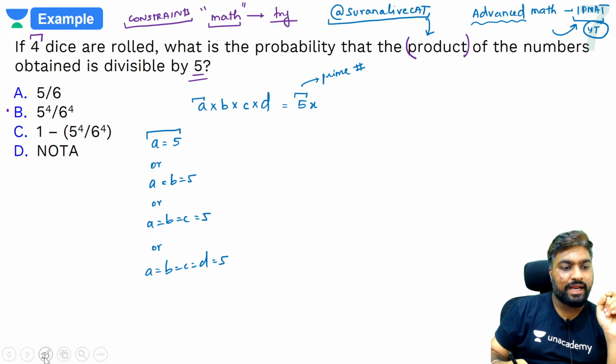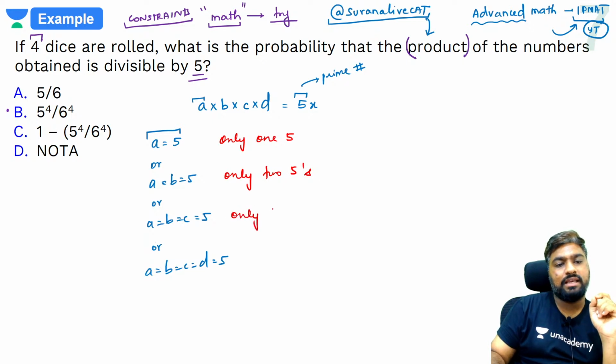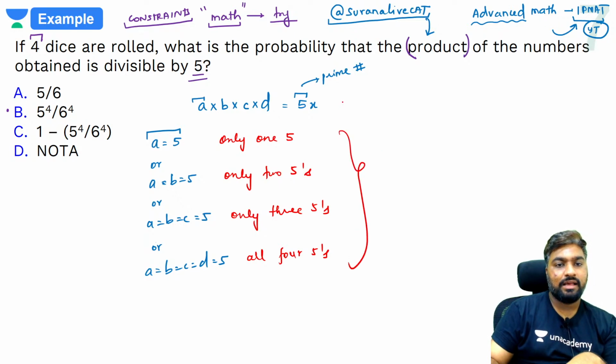Are you able to connect the dots now? What is this? Only 1 5. What is this? Only 2 5s. What is this? Only 3 5s. And what is this? All 4 5s. This is nothing but at least 1 5.